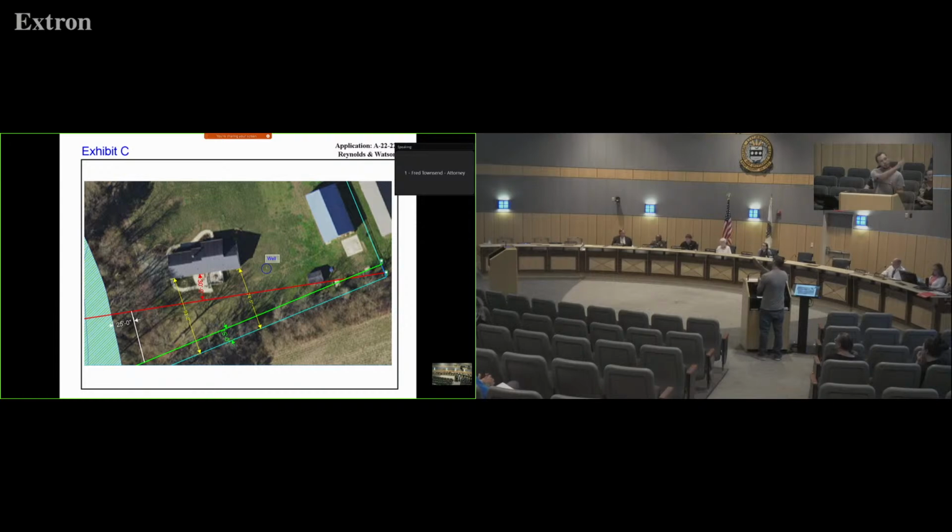Other than that, the other side is all wetlands, and something you can't notice is the back of the property actually slopes. So you'd have to bring in massive amounts of dirt if we were to try and place it to the left of the house. But the pole barn itself, we're trying to put next to the garage, along the property line to our other neighbor there behind us.